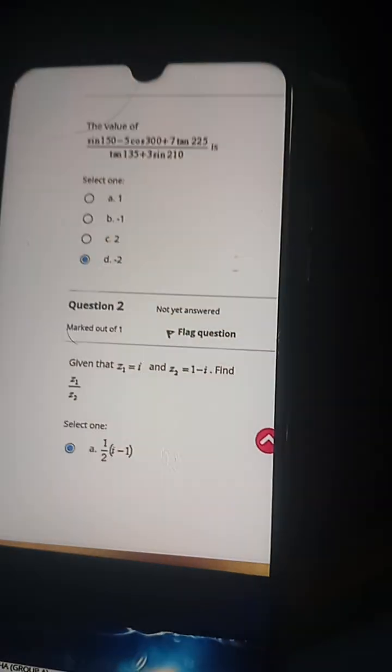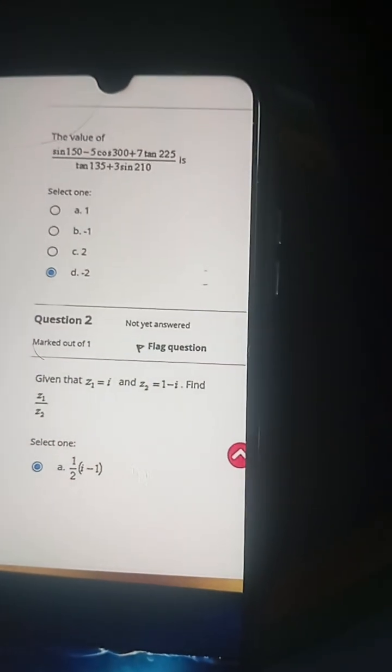So what is z1? i. Please shift and here. Then what is z2? 1 minus i. So put 1 minus i, then press equals. You see that it's minus 1 over 2 plus 1 over 2i. So I think when you factorize, you will get this. I'll assume you know how to factorize.